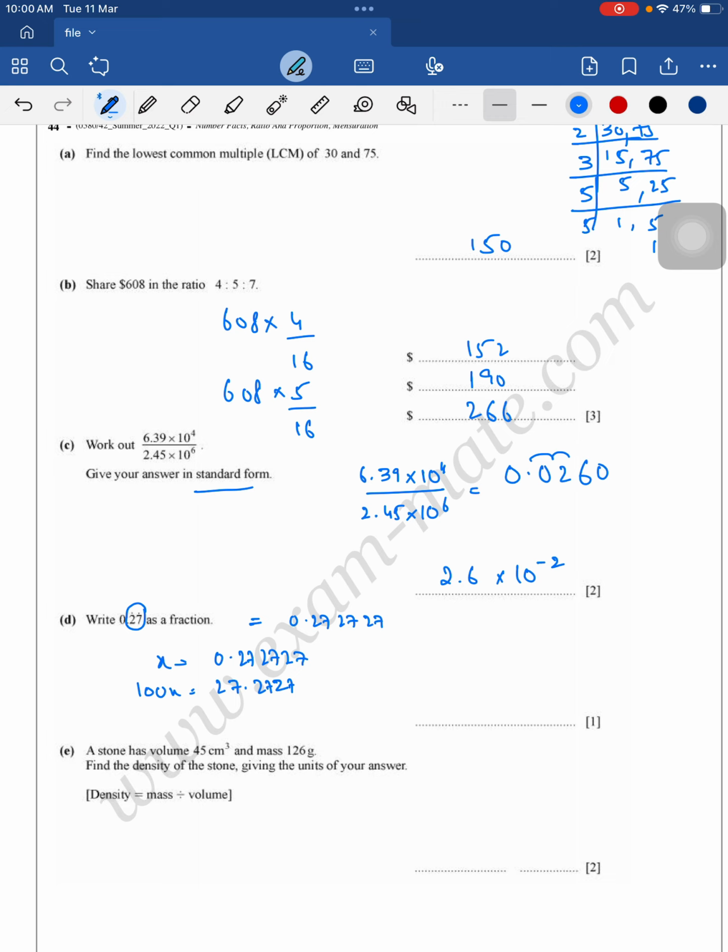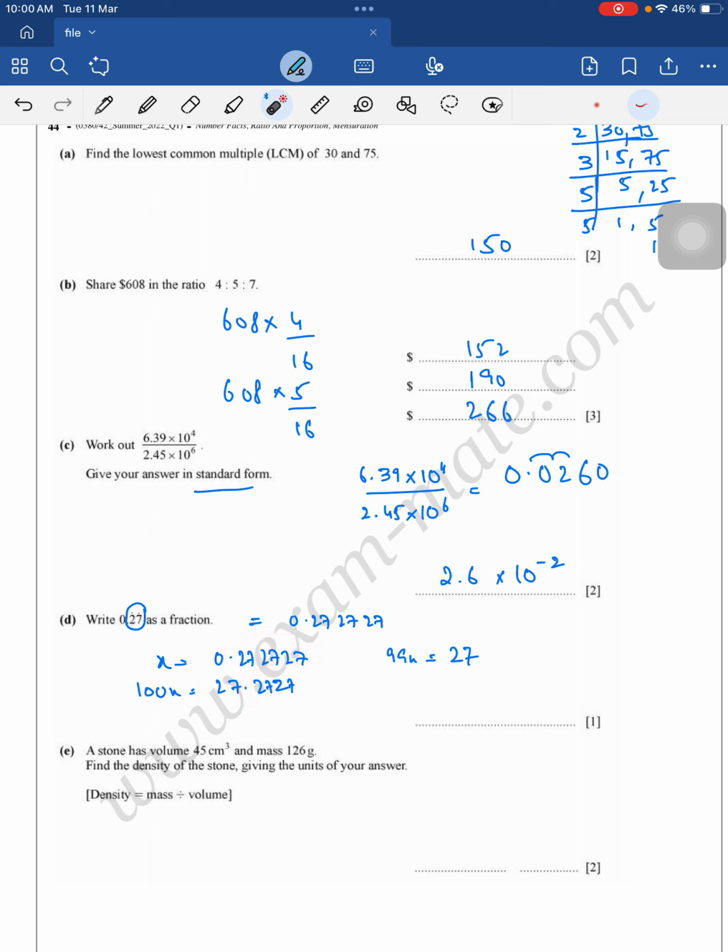Okay. Now subtract 1 from 2. So 100x minus x is 99x, to get all the decimal parts the same. So we will be getting 27 as the answer, because all the 0.27 part is eliminated when we subtract.